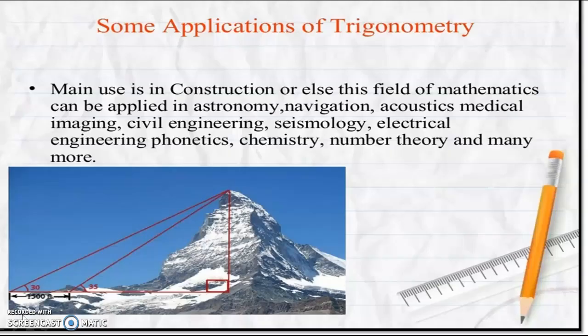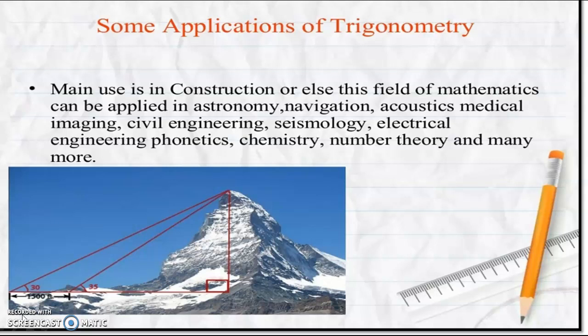Now here there are some applications of trigonometry. The main use is in construction, or else this field of mathematics can be applied in so many ways. There are so many places where we can use it: in electrical engineering, in civil engineering, chemistry.